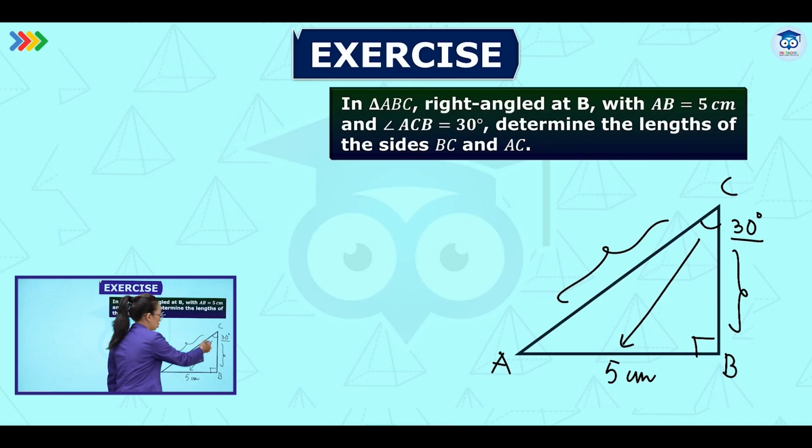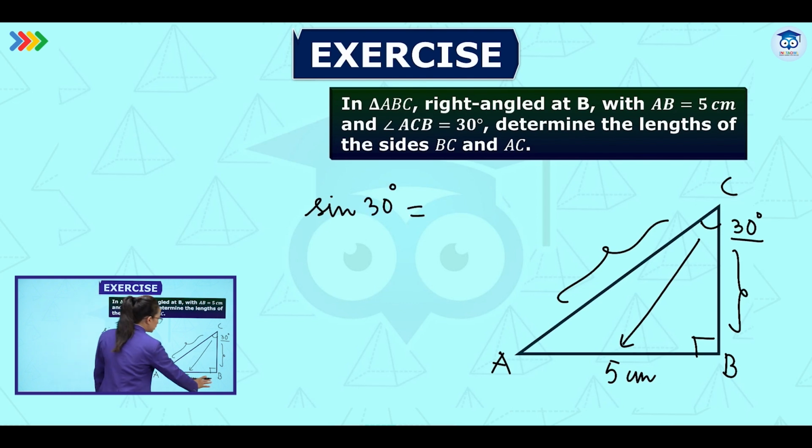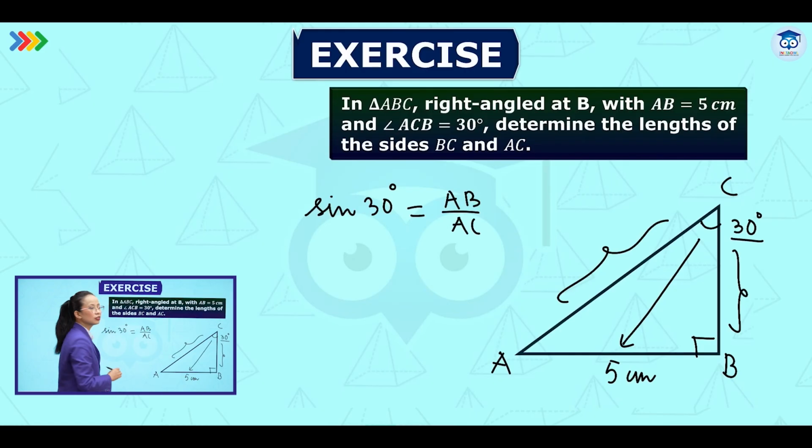Sine of 30 is opposite upon hypotenuse, so that we are going to use now. Sine 30 is what? Opposite, in this case, is AB and hypotenuse is AC. First we are targeting the hypotenuse.